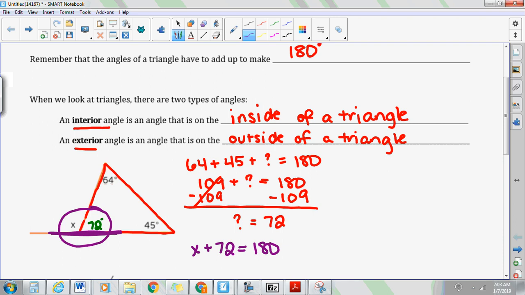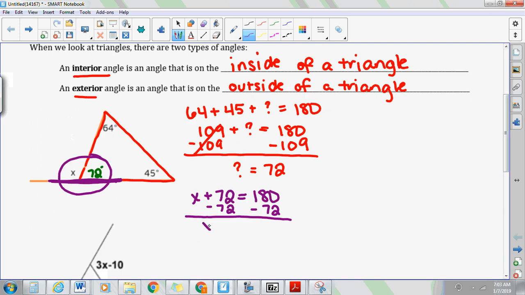And I can just solve this equation. Minus 72 from over here. And I get that x equals 108. And it's that, right? It is a lot of noticing, looking for triangles, looking for things that equal 180.